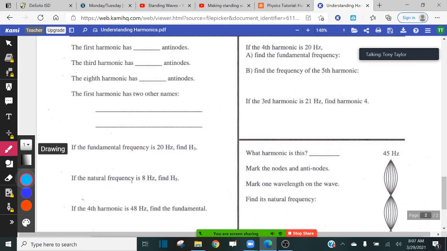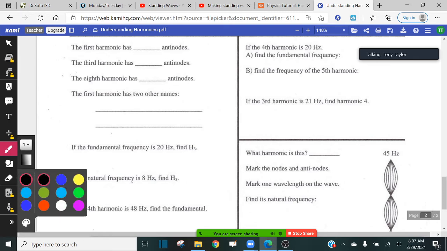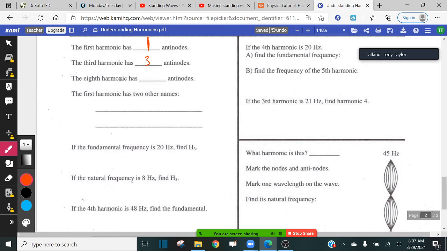The first harmonic always has 1 antinode. The third harmonic has 3 antinodes. For something vibrating at the 8th harmonic, that would have 8 antinodes. The first harmonic has 2 other names. There are 2 names that you can use to describe the first harmonic. One, you can describe it as the fundamental harmonic.